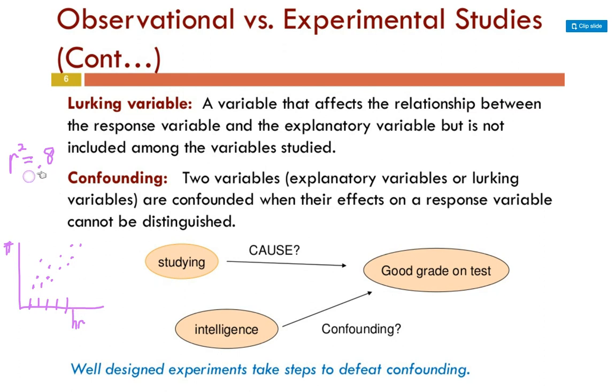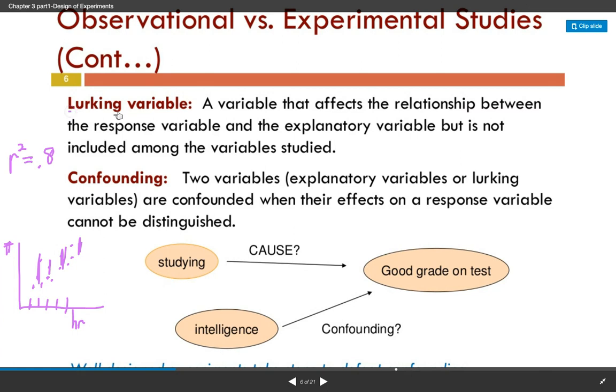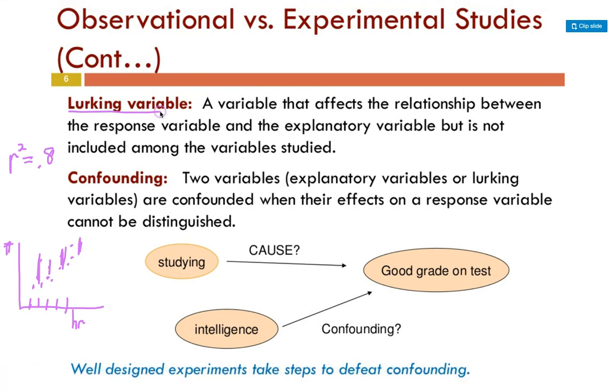But there's this 20% that really isn't accounted for. There's still some variation along the way, and that extra variation is because of lurking variables. There are other variables lurking behind the scenes that make it look like there's some kind of association. Sometimes it's stuff you expect, but sometimes it's things you don't expect either.